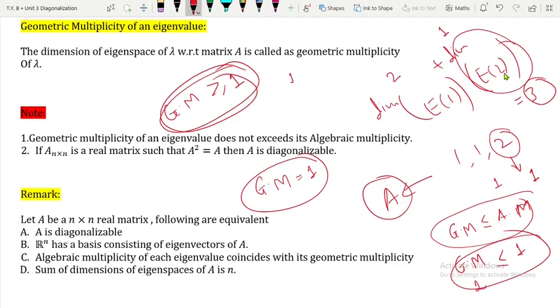Therefore, I told you that if all the eigenvalues of a matrix A are distinct, then the algebraic multiplicity of each eigenvalue is 1. Whenever the algebraic multiplicity of each eigenvalue is 1, the geometric multiplicity is also 1. So GM will be equal to AM for each eigenvalue, and therefore your matrix will be diagonalizable.